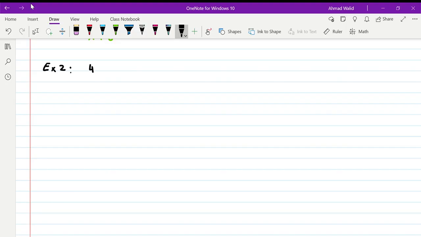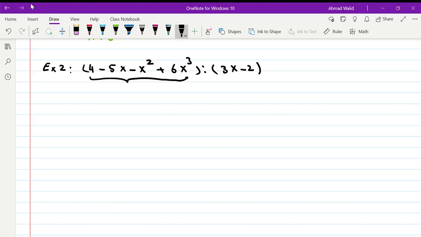4 minus 5x minus x squared plus 6x cubed, divide by what? 3x minus 2. First thing, I want to arrange this polynomial, my dividend, in descending order.